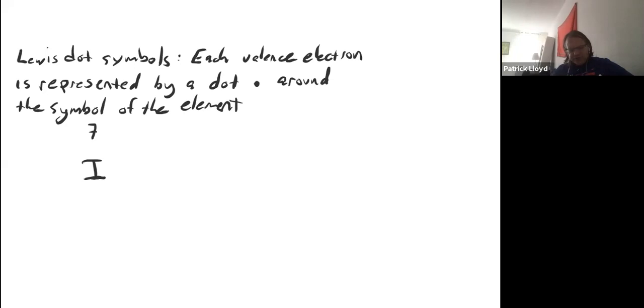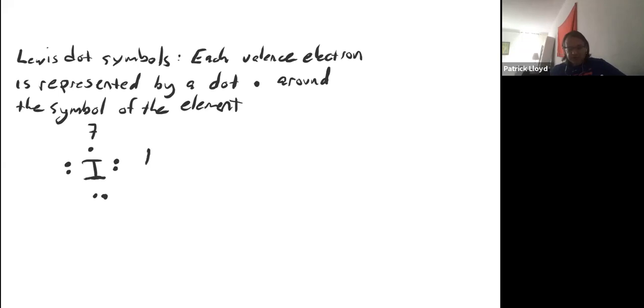So generally what you do is start on the right side and then just go clockwise, 1 dot on each side. 1, 2, 3, 4. Think of corners like a box. And then you start to pair them up. So once you do all 4 sides, you then put a second one until you run out of electrons. And there we have 7 electrons. So that would be called the Lewis dot symbol.